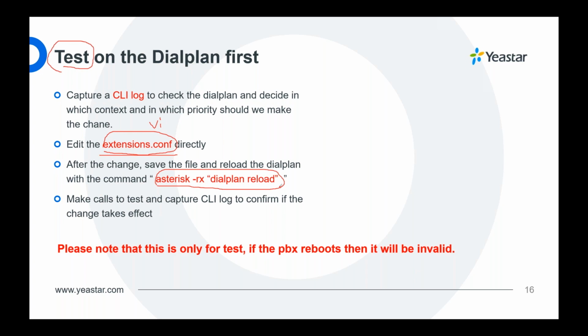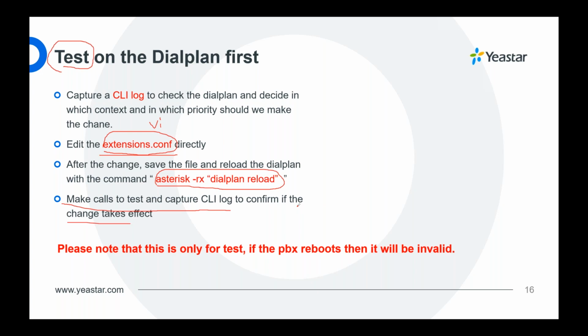Because you have changed something, we have to reload the Dialplan to make it work. Then we make a call and capture the log to confirm if the change takes effect. But please note that this is only for test. When the PBX reboots, it will be invalid.